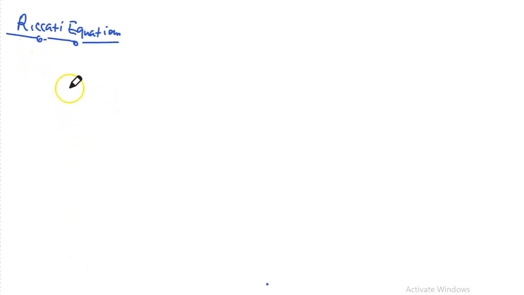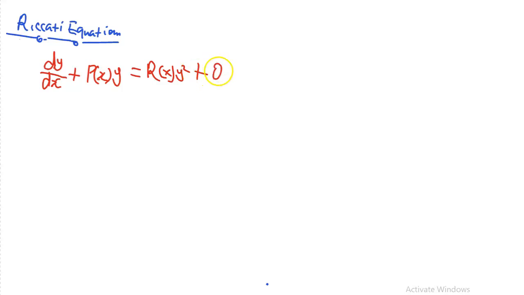If I write an equation in the form dy/dx plus p(x)y equal to r(x)y squared plus q(x), this form of equation is regarded as Riccati.